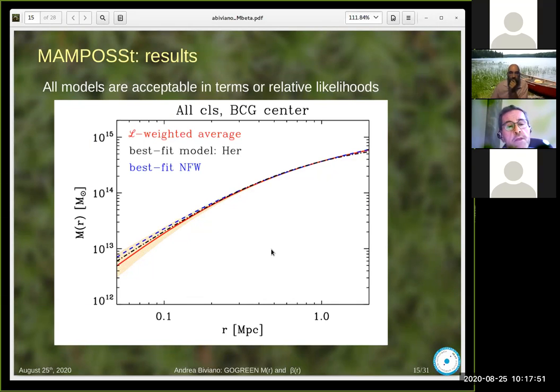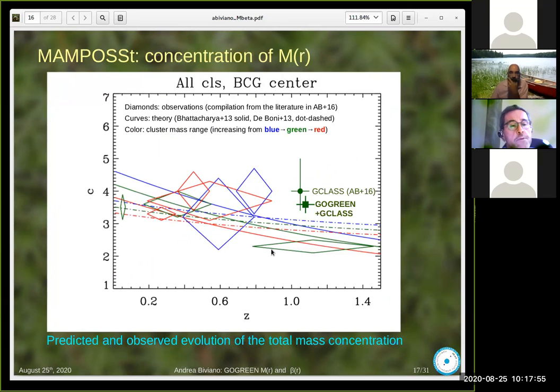And in the end, you can weight all the models by these likelihoods and get the concentration. And the concentration in this case is not the concentration of the spatial distribution of galaxies. This is the concentration of the mass. Okay, so in MAMPOSSt, number density and mass density are fitted separately. So we don't assume the light follows mass.